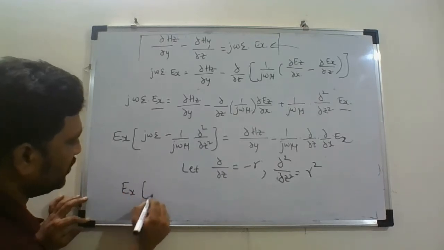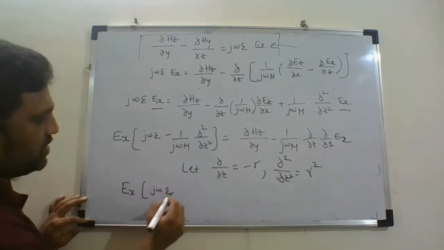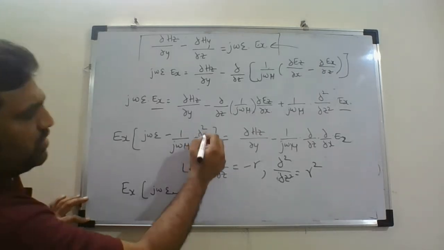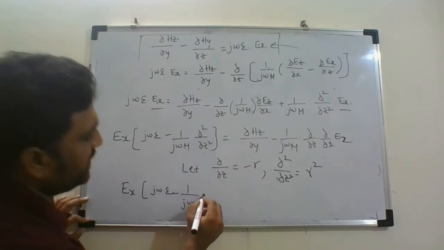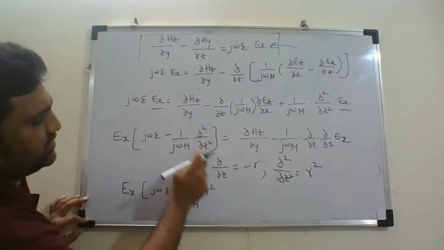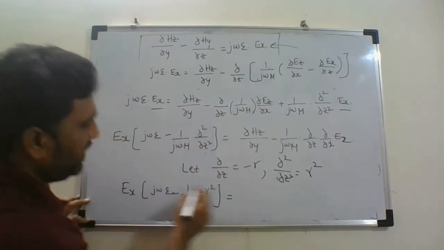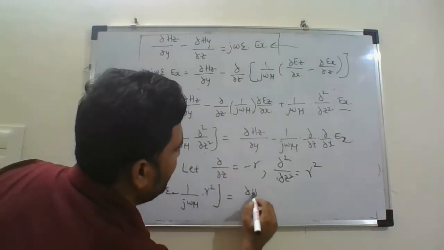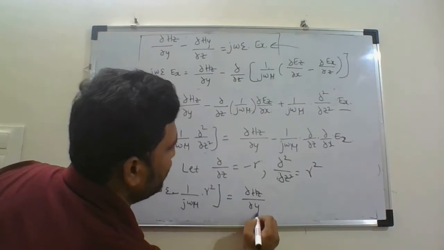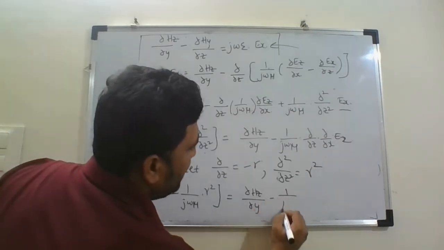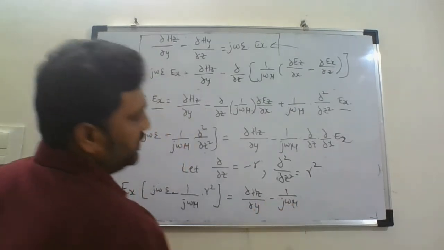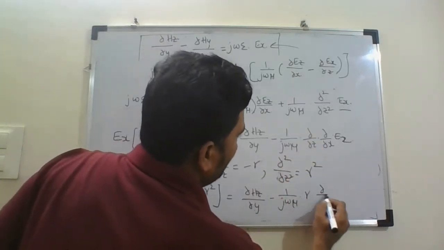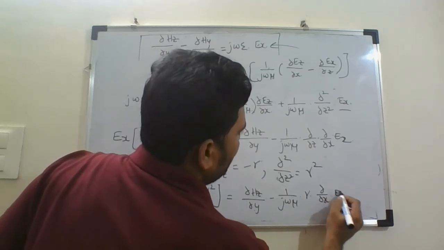So Ex into j omega epsilon minus 1 by j omega mu into, dou square by dou z square is gamma square, is equal to. On the right side, the first term will remain as it is, dou Hz by dou y, minus 1 by j omega mu into, dou by dou z I am writing as minus gamma, into dou by dou x, which will remain as it is, into Ez.